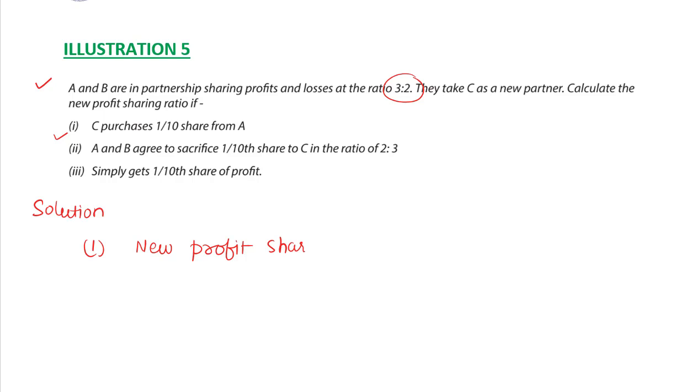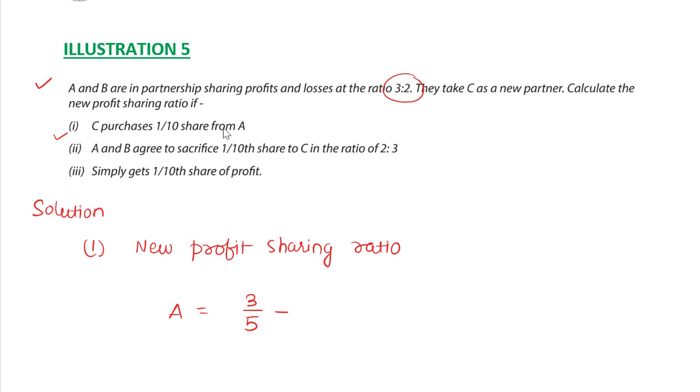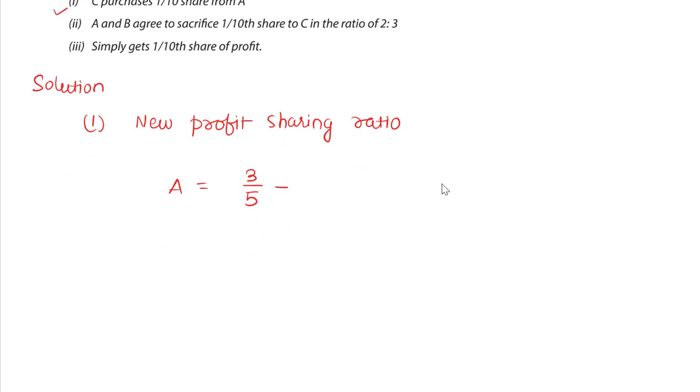New profit sharing ratio. A is 3 by 5. A's sacrifice is 1 by 10.